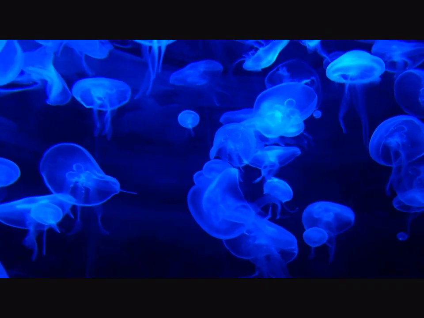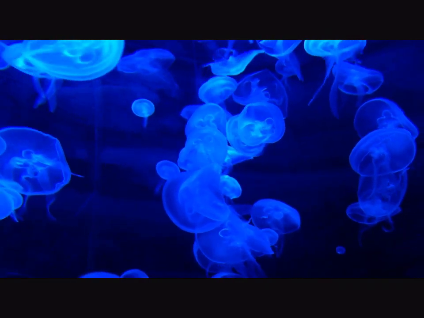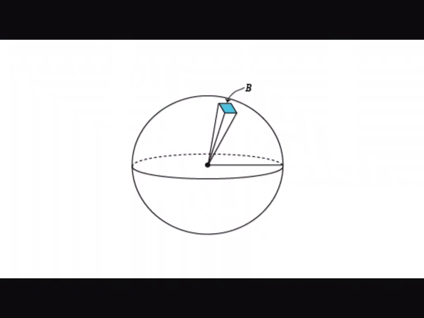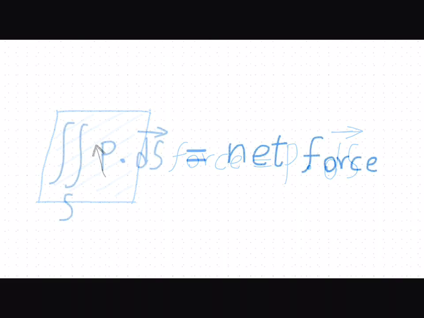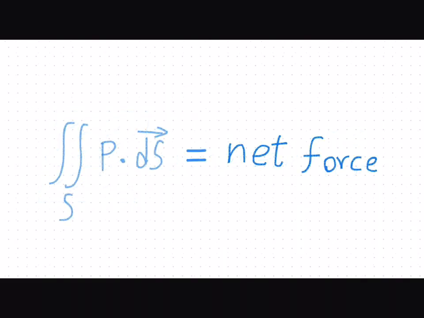Now, to further simplify our problem, we're going to break up the surface of our object into tiny differential surfaces. The idea behind doing this is that we can calculate the force exerted by a single differential surface and add all of those forces up to obtain the net force.